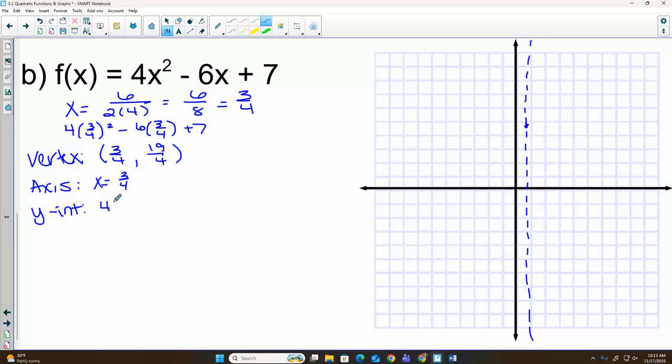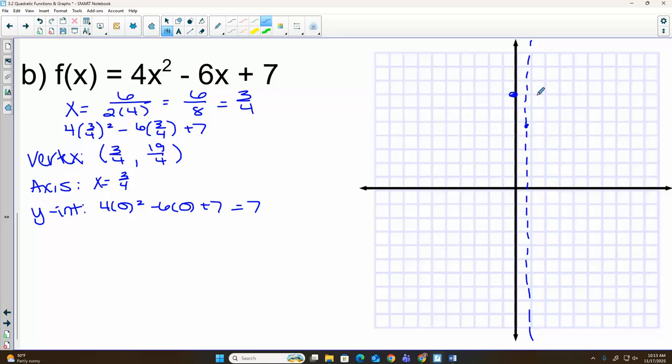Y-intercept, if you put in 0 for all of your x's, we get 7. If you're trying to get your graph from here, how far is this point from the axis of symmetry? 0.75, 3/4.